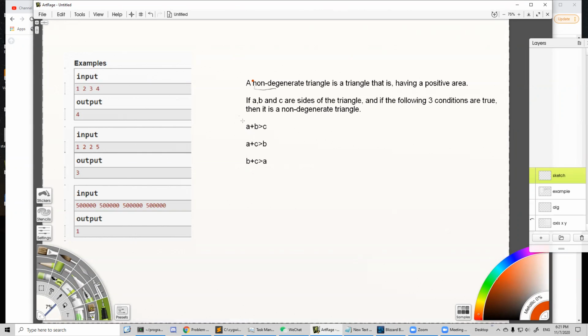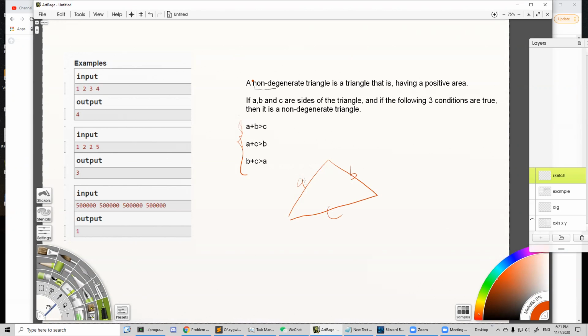They must satisfy these three conditions. If all of these three conditions are satisfied, we call it a non-degenerate triangle.